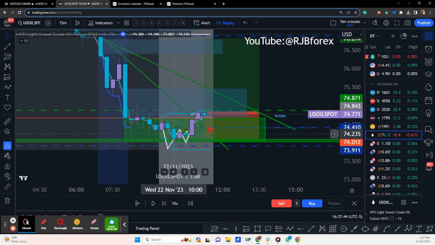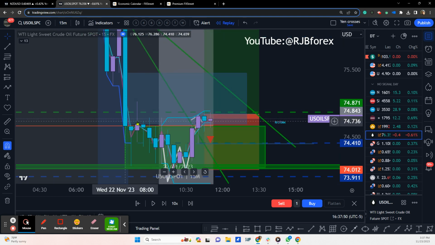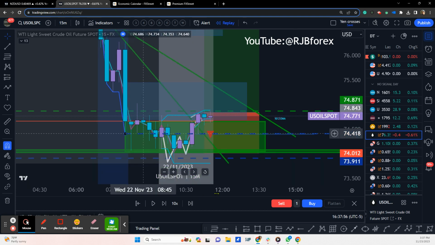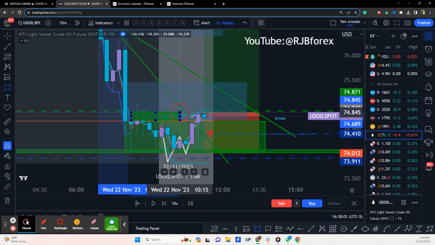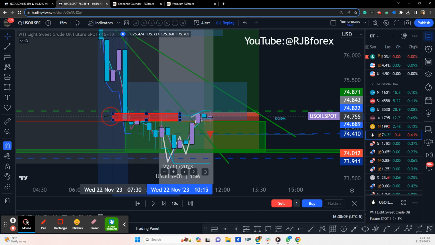The behavior of price is building bullish structure. We've broken out pretty much of the highs of this consolidation. I'm ignoring that wick. I'm talking about the bulk of this resistance.